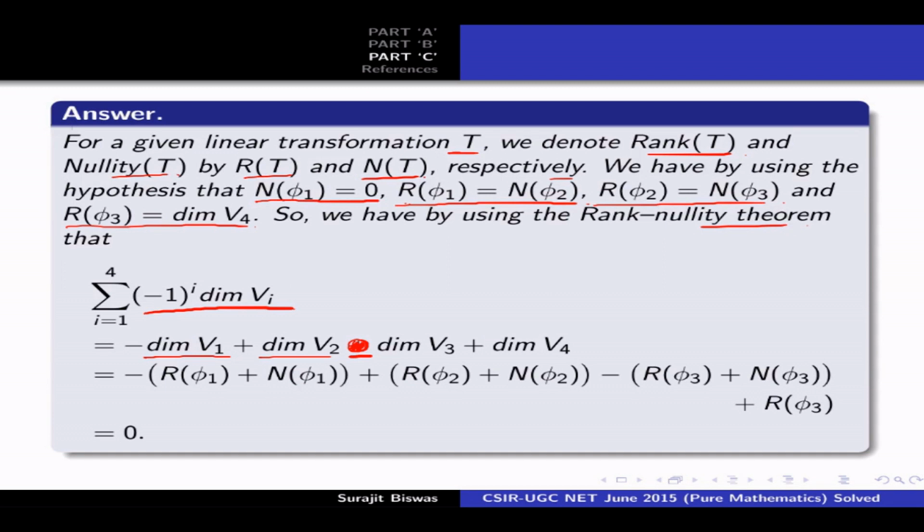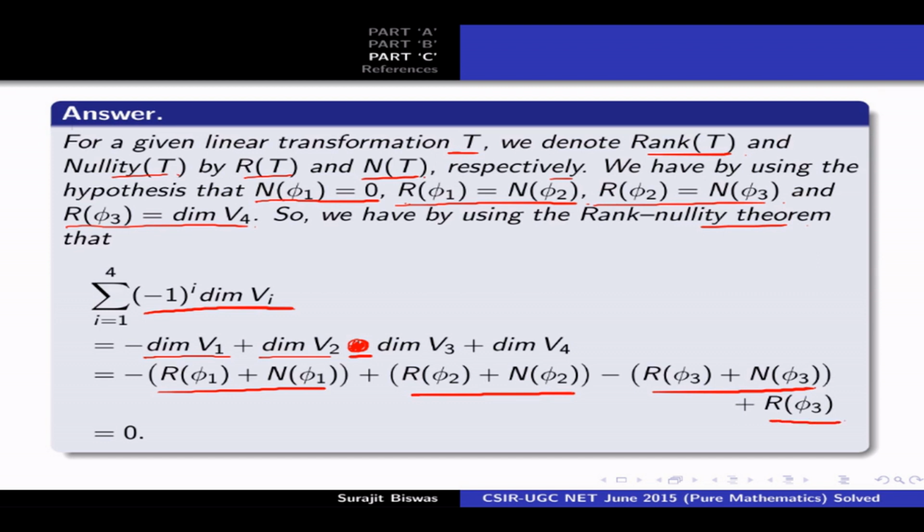And now substituting the values, we have dimension V1 equal to this, plus we have dimension V2 equal to this, minus this is dimension V3, and finally we have dimension V4 equal to r phi3.